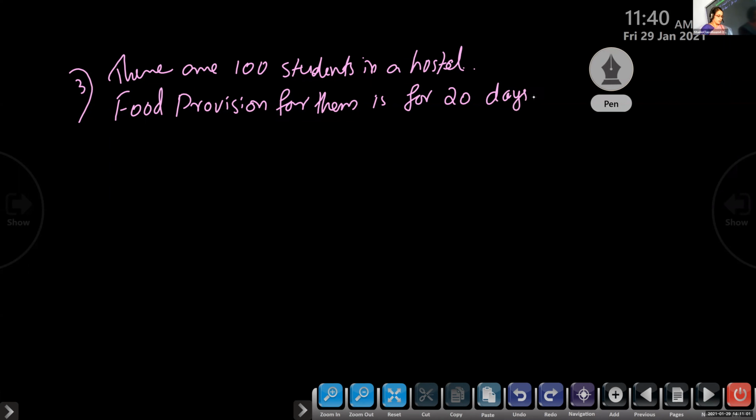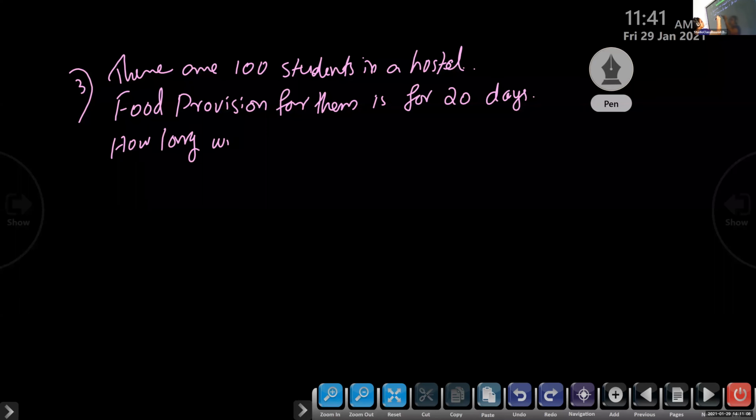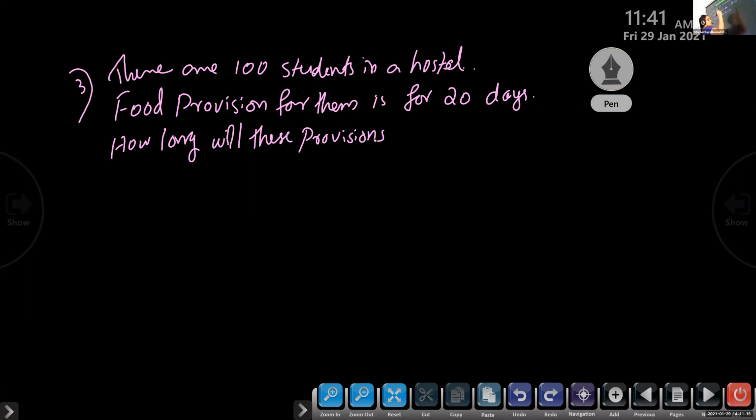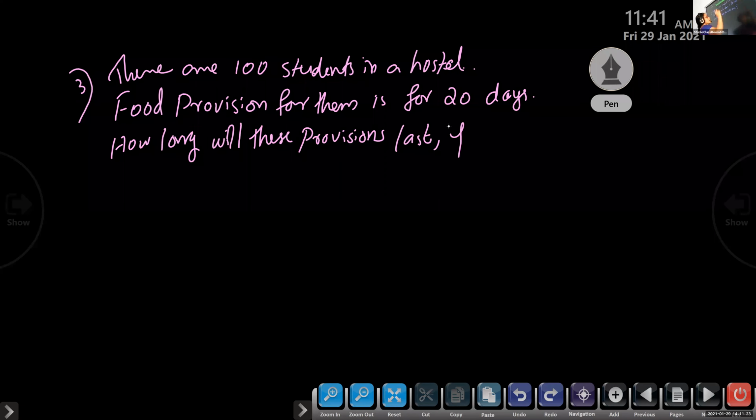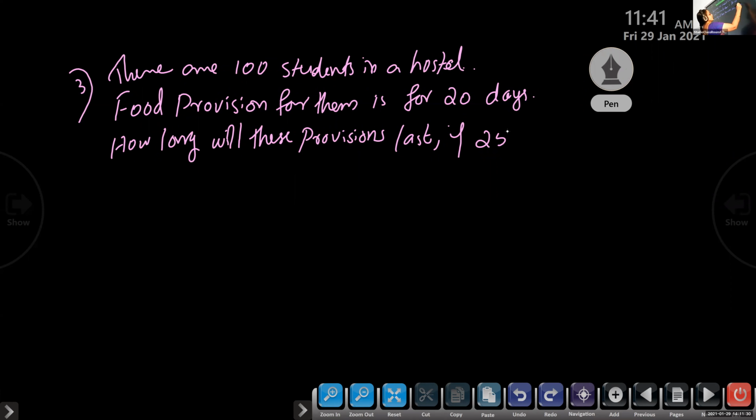How long will these provisions last if 25 more students join the group?